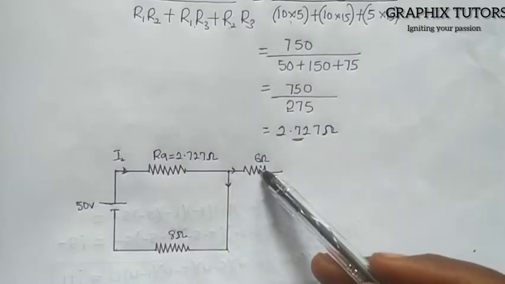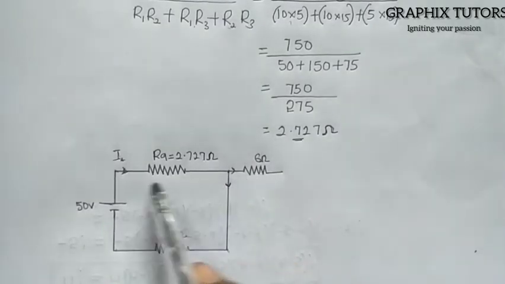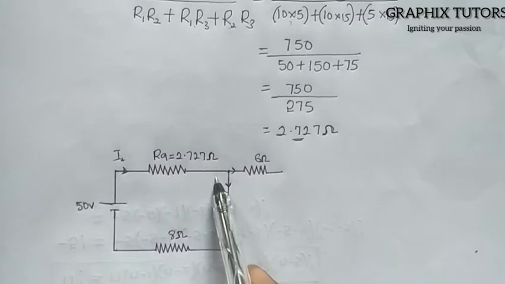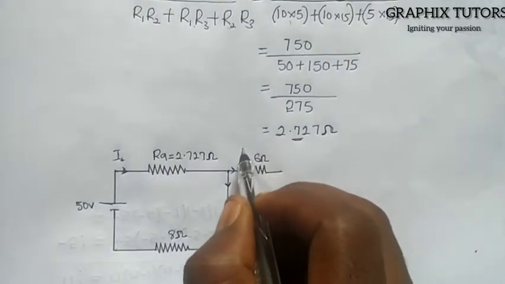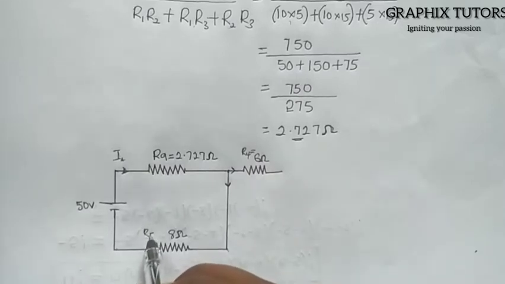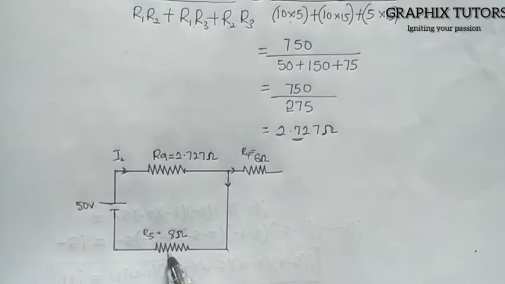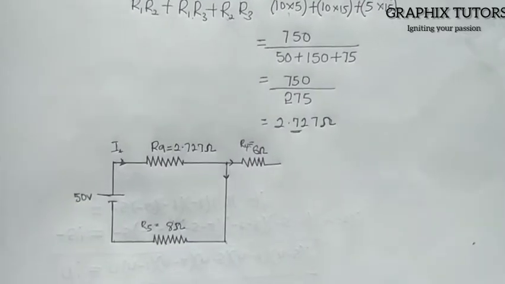So this resistor here and this resistor here are sharing one current coming in. Let me call this my R4, and I'll call this my R5. So R4 and R5 are in parallel.